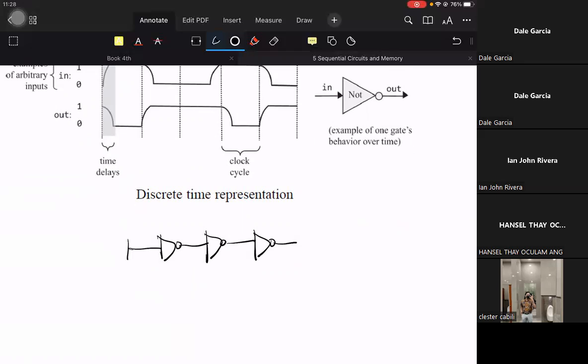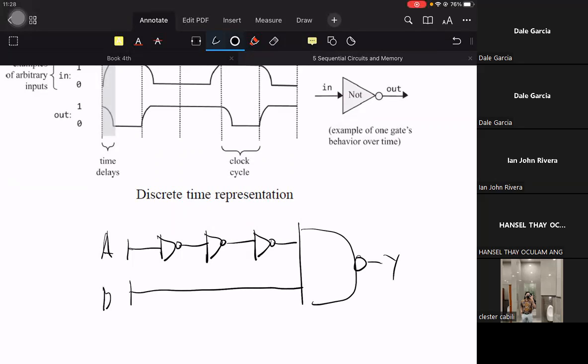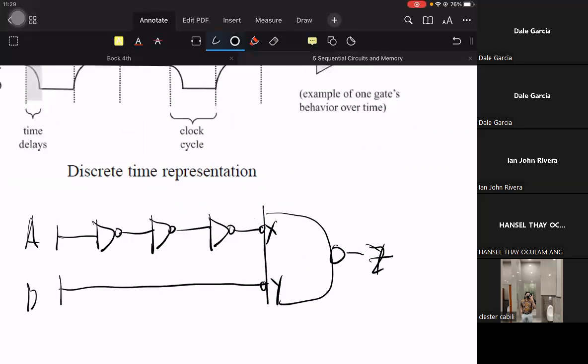This circuit will be able to give us, example, a NAND gate with inputs A, B and output Y. What if we intend the X input to be much slower than the Y input? So we introduce a delay in the X part. So we intentionally introduce a delay.